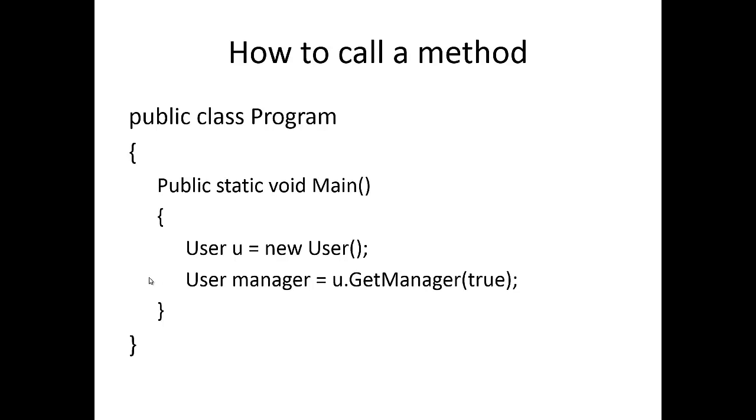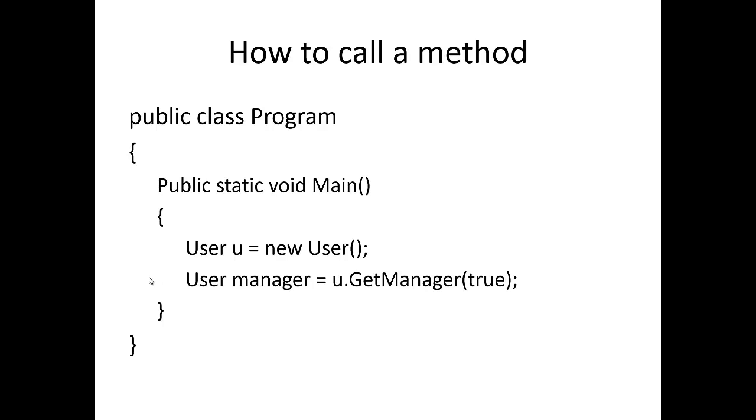This little block of code that you're looking at right now is what you would see in any basic C# console application. This is your static void main entry method to a console app. The line user u equals new user is the instantiation of a new user object.